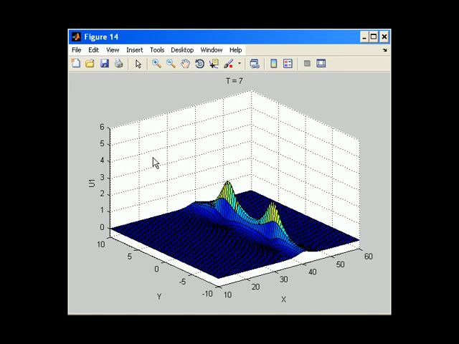It looks like the larger wave is just recombined with the smaller wave, but it's going to emerge and go past the smaller wave in a moment. We're going out to 10 seconds.